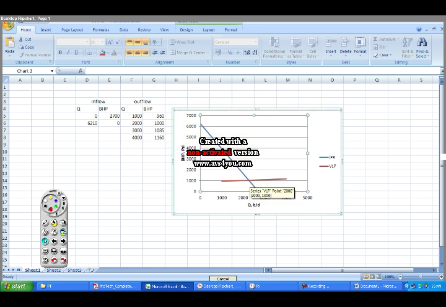Then the intersection point is our operating point, and the rate here, well, graphically you can only estimate it approximately. It will be somewhat like 2200 barrels.